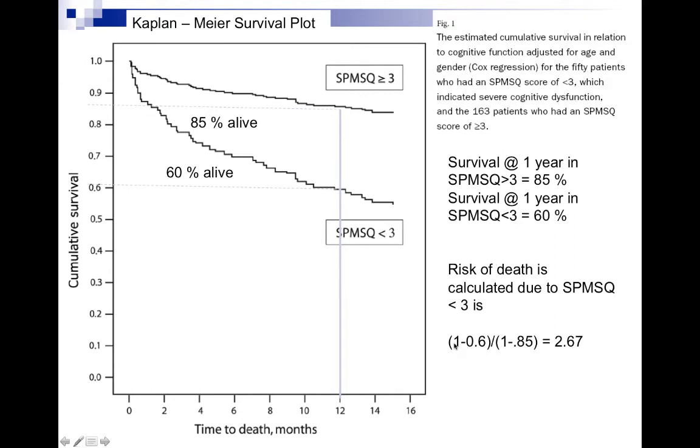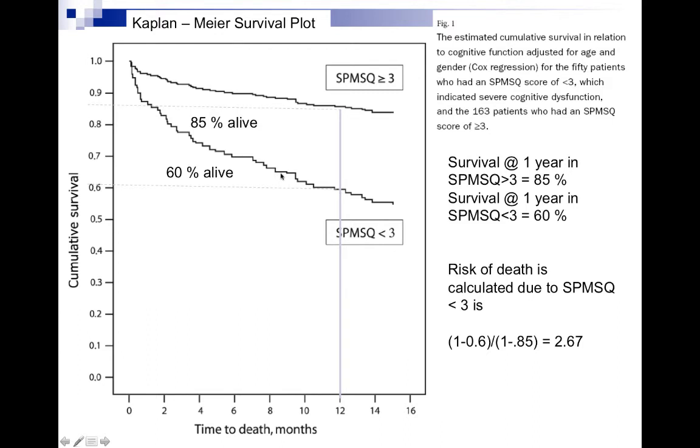So we basically calculate the number of people who died in the delirium group, which is around 40%, and then we divide that by the number of people who died in the non-delirious group, and that gives us an odds ratio of about 2.7 times more likely to experience death at 12 months if you have delirium.